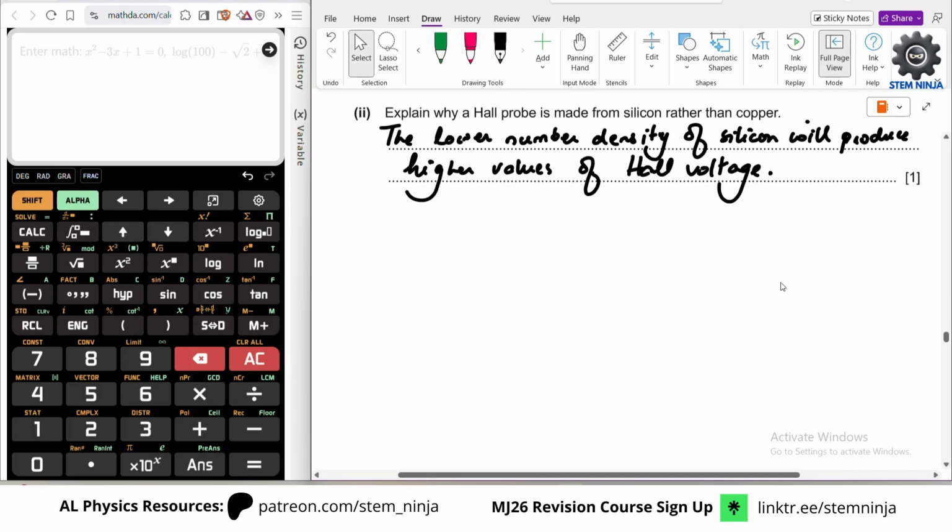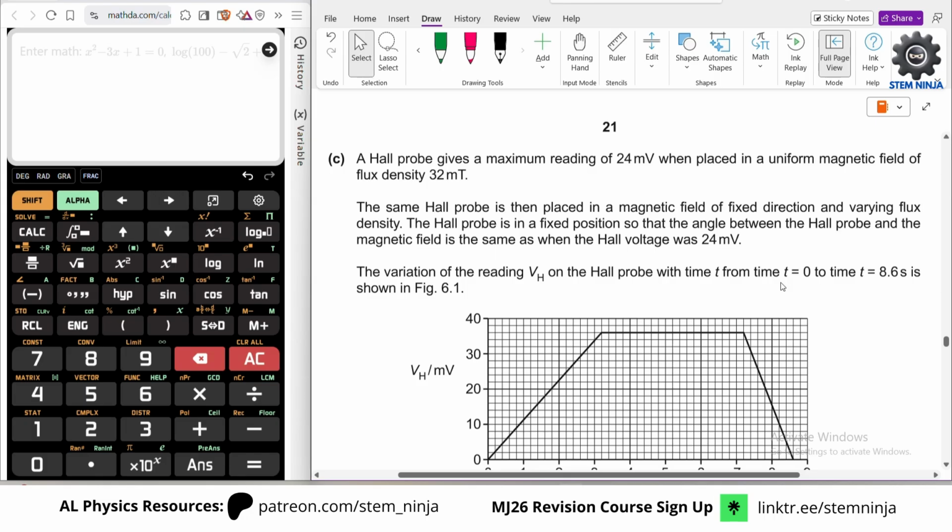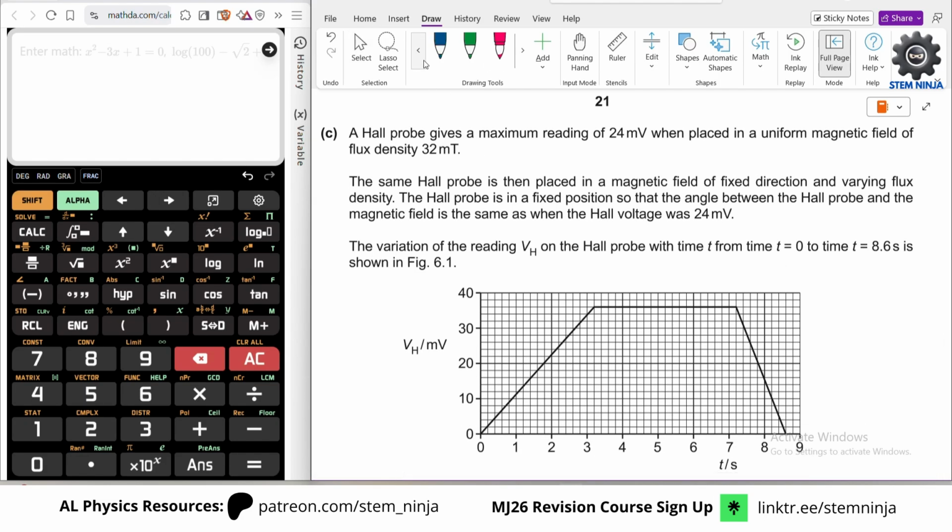Okay, all right. A Hall probe gives a maximum reading of 24 millivolts when placed in a uniform magnetic flux density of 32 millitesla. The same Hall probe is placed in a magnetic field of fixed direction and varying flux density. The Hall probe is in a fixed position so that the angle between the Hall probe and the magnetic field is the same as when the Hall voltage was 24 millivolts.